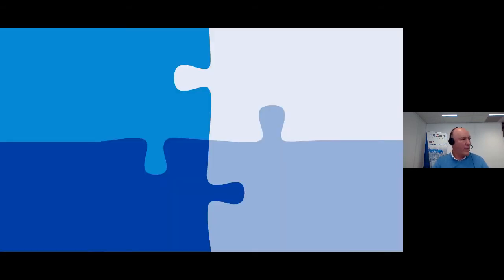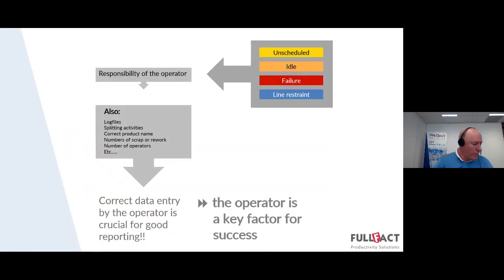We have a question. The question is, from an OEE perspective, is it better to calculate changeovers as downtime or idle time, or should this be factored into the planned runtime on a production work order?